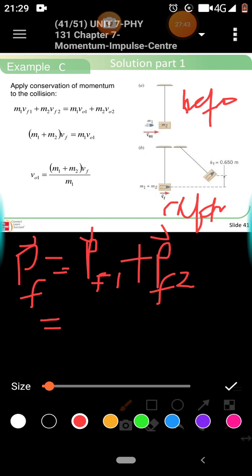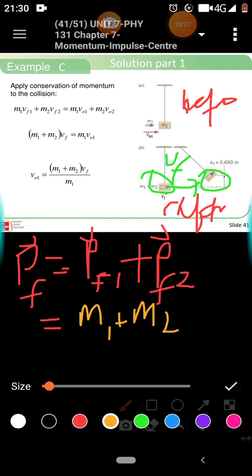Another thing to note is that because the bullet is stuck inside the wood, they are moving together, and by moving together, it means that they share the same velocity, which is vf. So the momentum now is simply m1 plus m2, taking out the v final. This will be the final momentum.